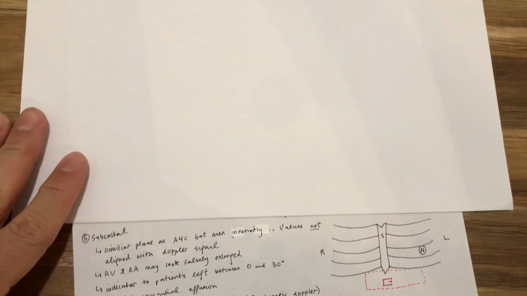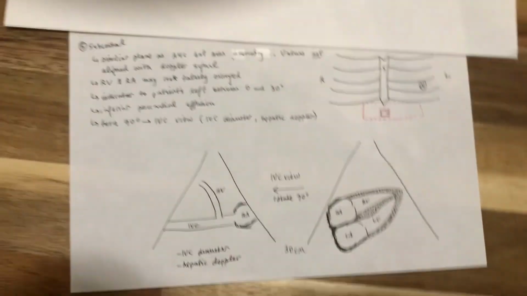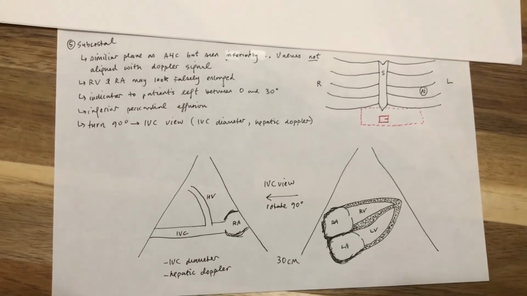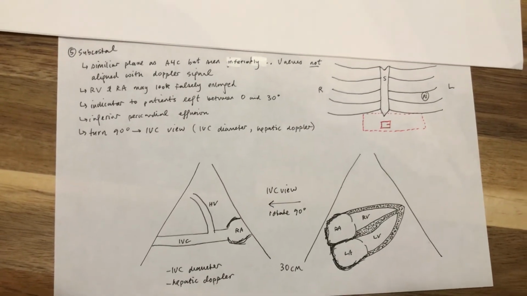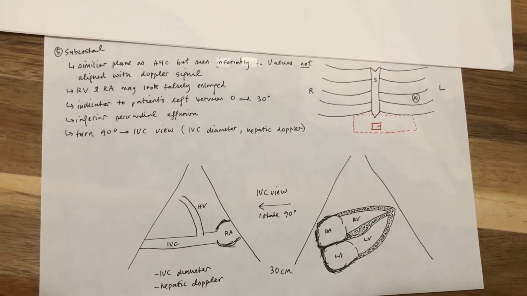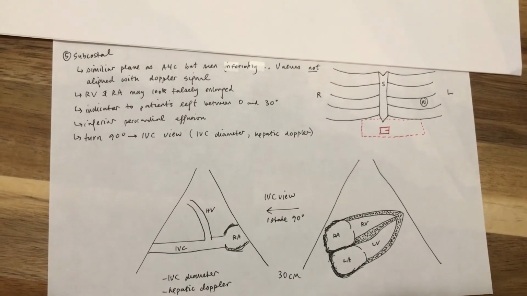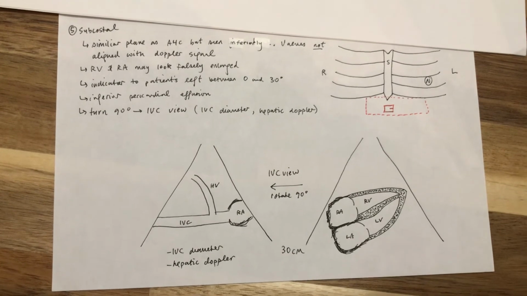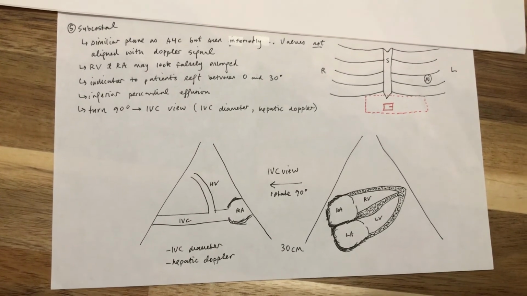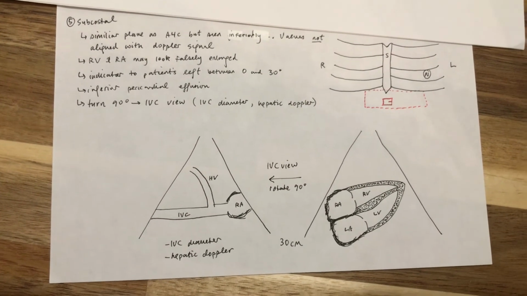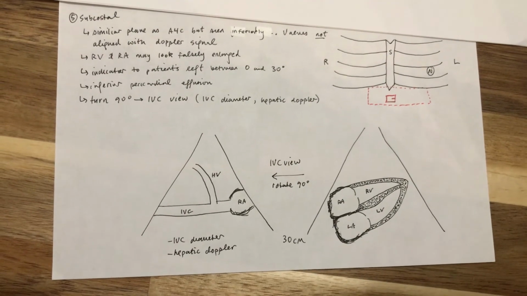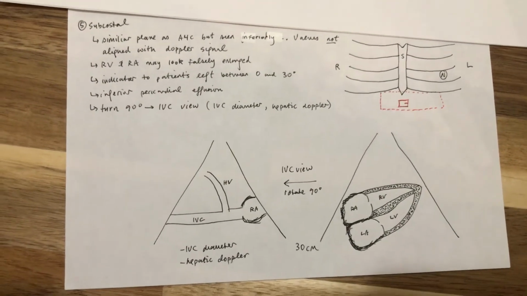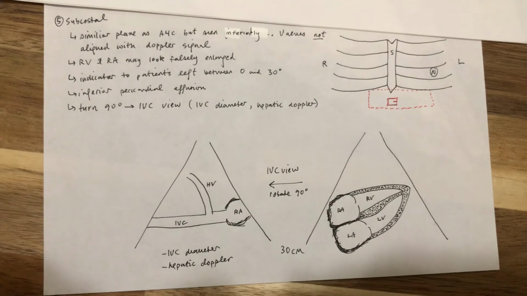So the last view is called subcostal, and that one is found by placing the probe below the xiphoid process, with the indicator to the patient's left, and then look up into the chest at the patient's heart.